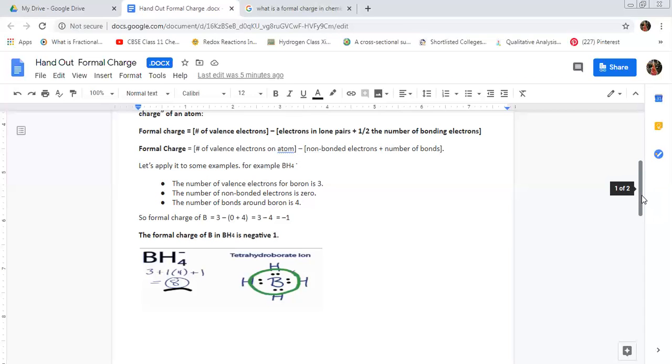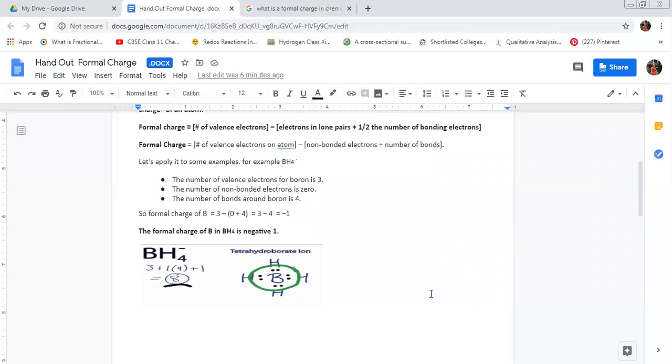The formula says that you have to calculate the formal charge by including the number of valence electrons. If there is any lone pair or non-bonded electron, you have to subtract that, plus half the number of bonded electrons, or plus the number of bonds formed by the atom.